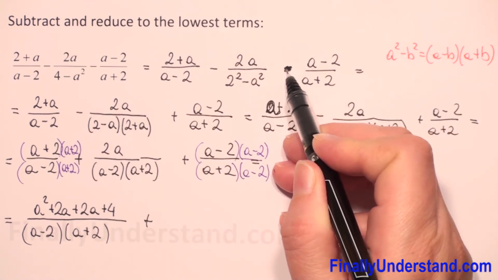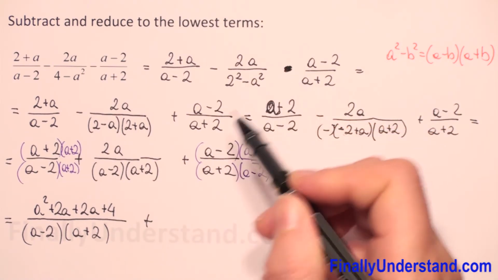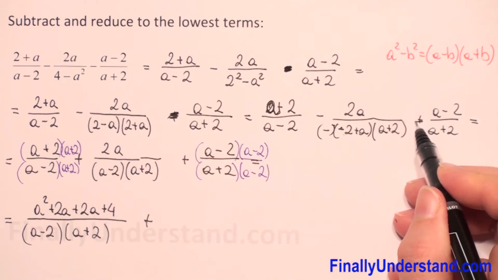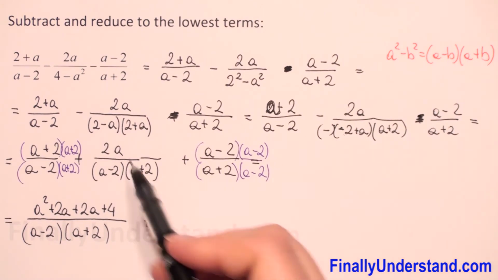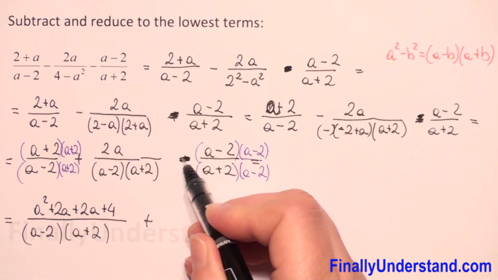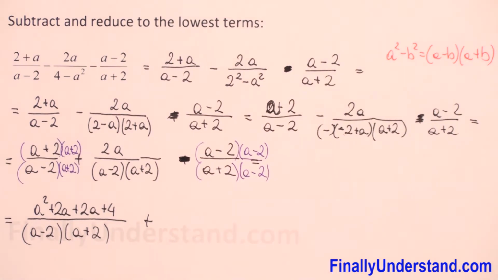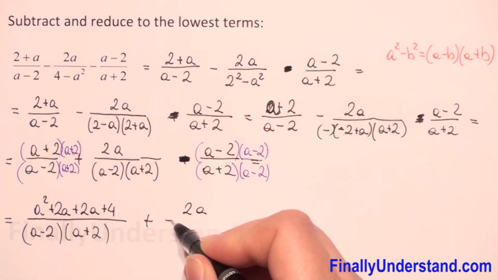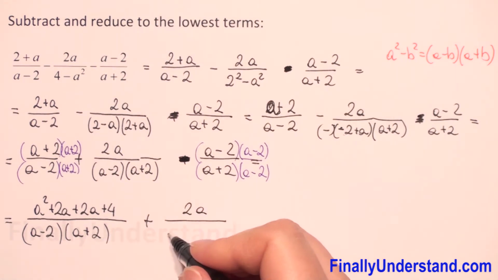We should have a negative sign here. Here is a negative sign and a negative sign. That negative we change to positive, but the second sign is negative. So we have plus 2a.